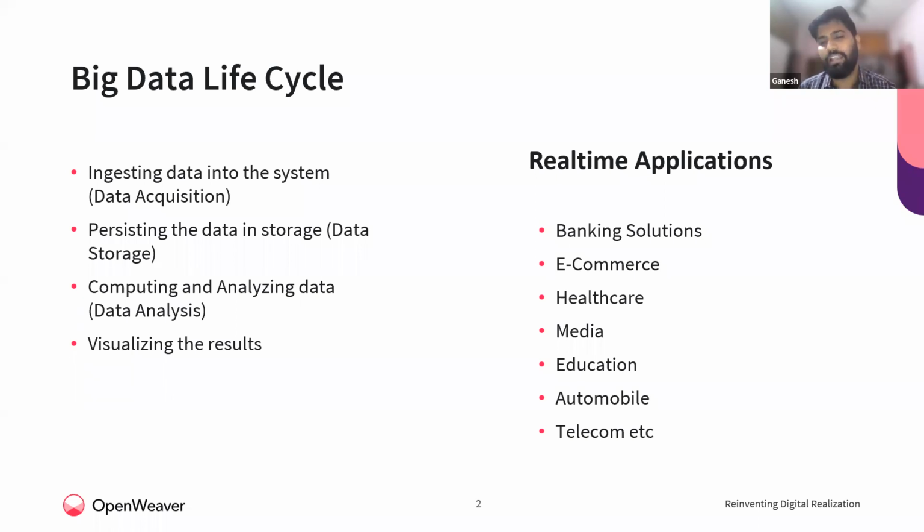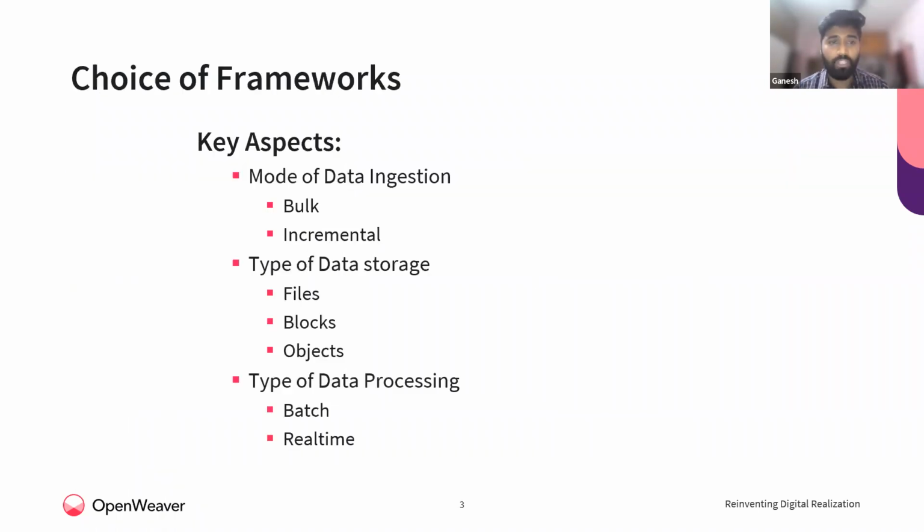Then healthcare, and media, where you have all the streaming platforms, Netflix, Amazon Prime, and so on. Then education platforms like EduCBA, Coursera, MOOCs, and the telecom sector. These are the different domains where big data could be used.